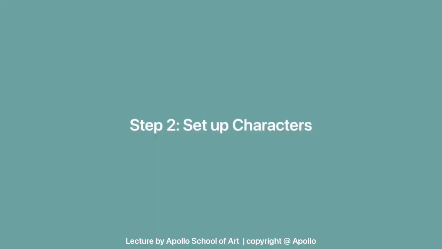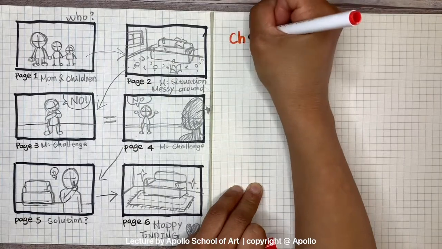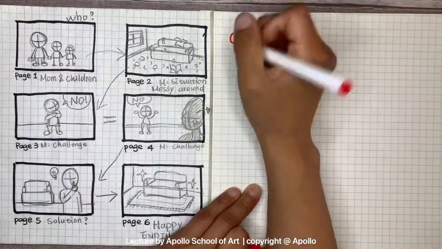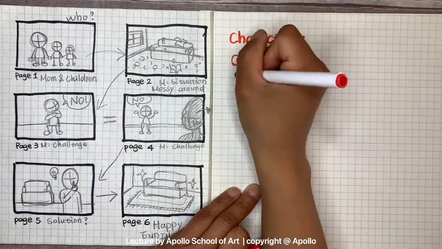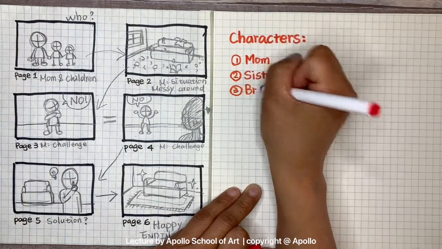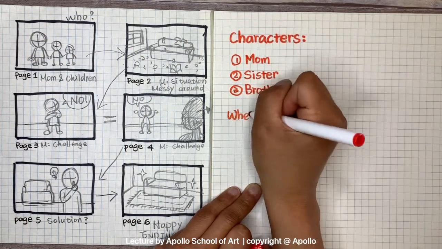Alright, step 2, set out the character. When our script is ready, we can discuss how many characters we need based on the story, right? So I have my mom, a sister, and a brother from my sample. Okay, you might not have the same one as I do.